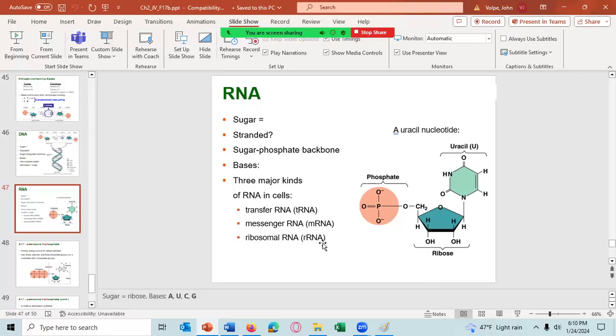And the polymerase doesn't know. It just makes it, and how it makes it is it simply reads the code on the DNA, and the code of the DNA will determine whether tRNA, messenger RNA, or rRNA is made. And I just stated it, but you don't need to know that. So let's move on.